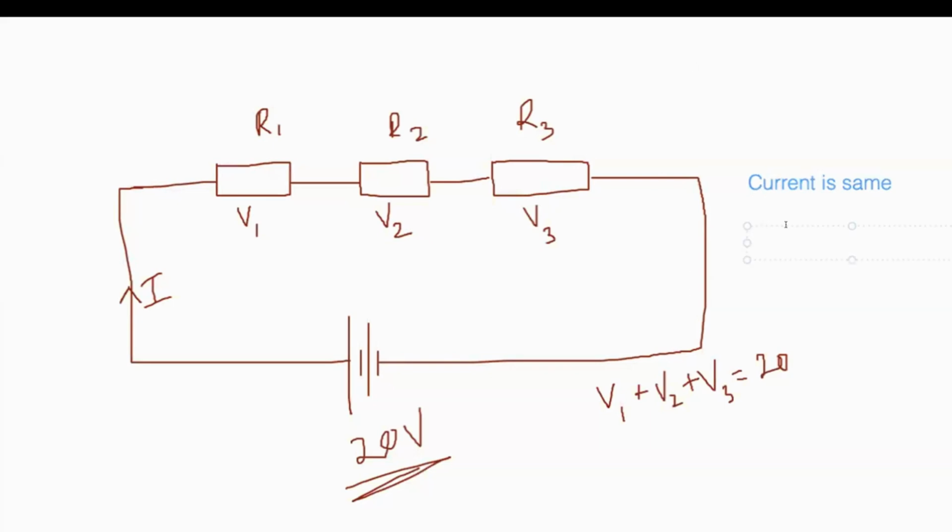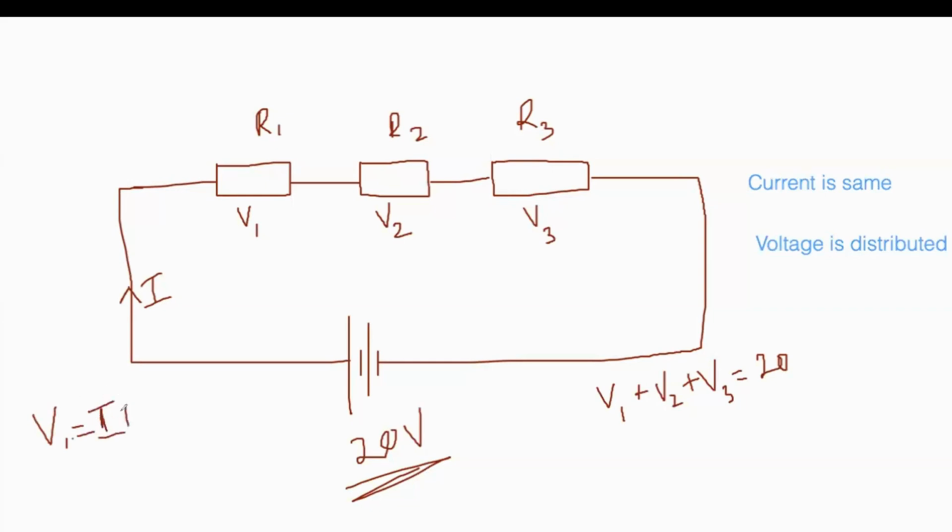Voltage is distributed. I won't say divided. Voltage is distributed, and it gets distributed according to the resistance. How? Here, I will use my Ohm's law. How will I find V1? V1 is equal to I into R1. I is common, right?